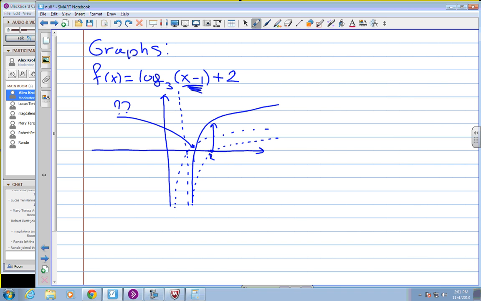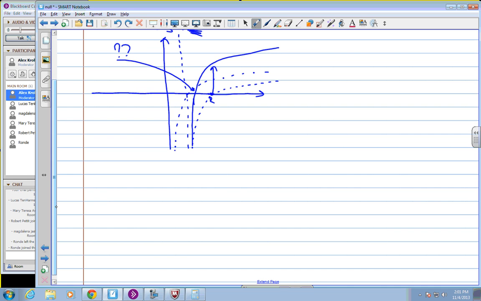How do we find x-intercepts in general for any function? Set y equal to 0. So we have log base 3 of (x minus 1) plus 2 equals 0.